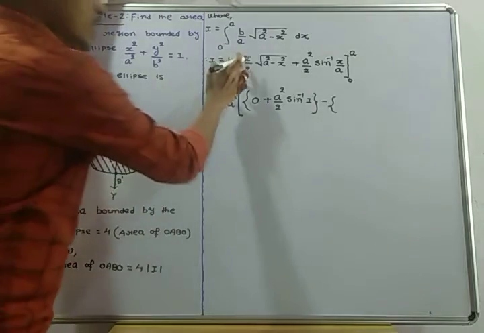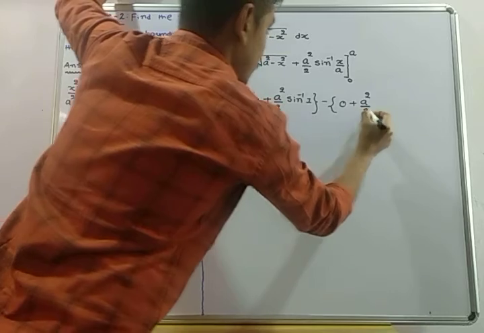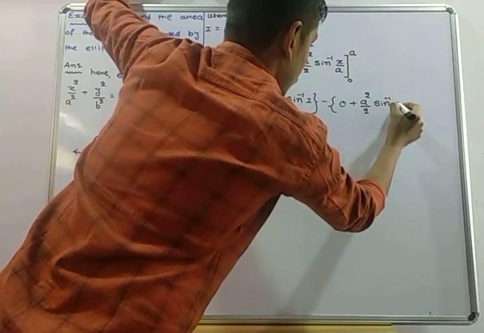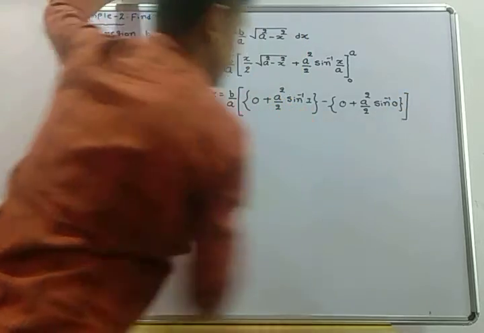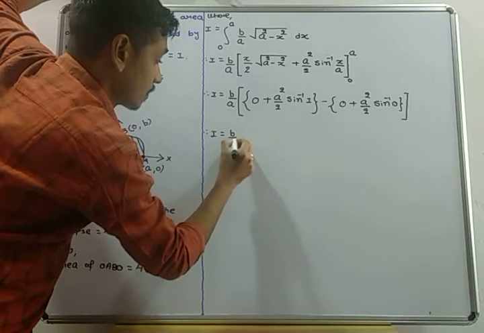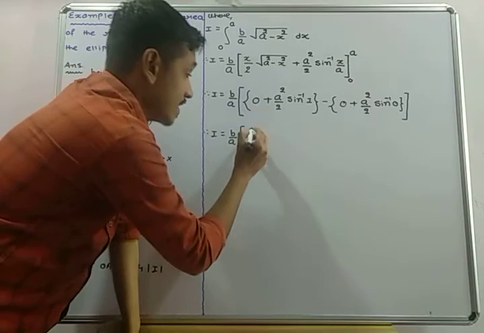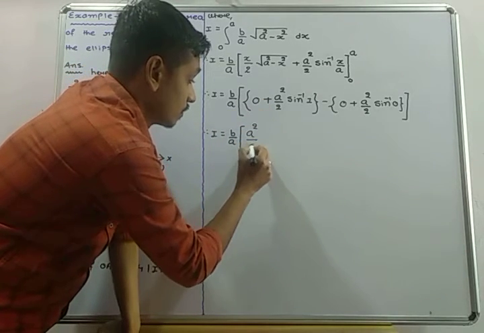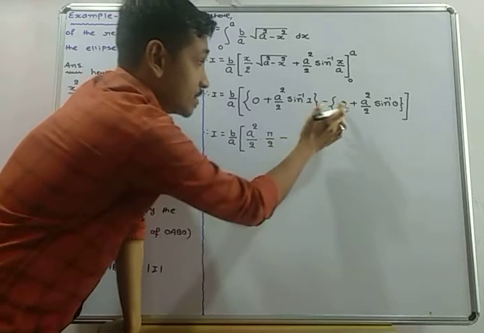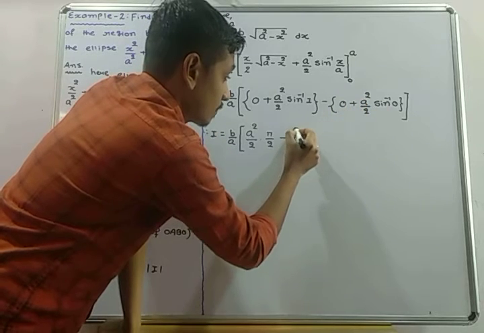So if we put here the lower limit 0, this gives 0 plus a square by 2 sine inverse 0, with x equal to 0. So I equal to b by a, in the bracket 0 plus a square by 2 sine inverse 1, which means pi by 2, minus 0 minus a square by 2 sine inverse 0, which means 0.